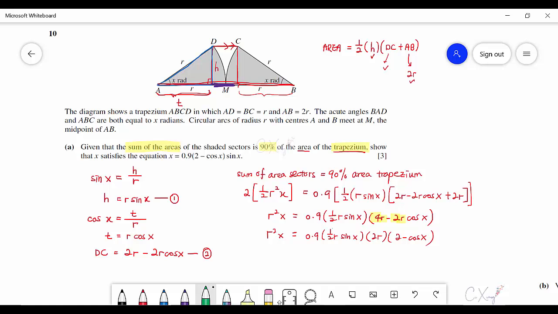Of course this half and 2 can be simplified. The r and r here can be simplified with r squared on the other side. So eventually, if you rewrite it again, you can see very clearly that you get the answer that they want you to show. So this is how we prove the equation that they want us to get.